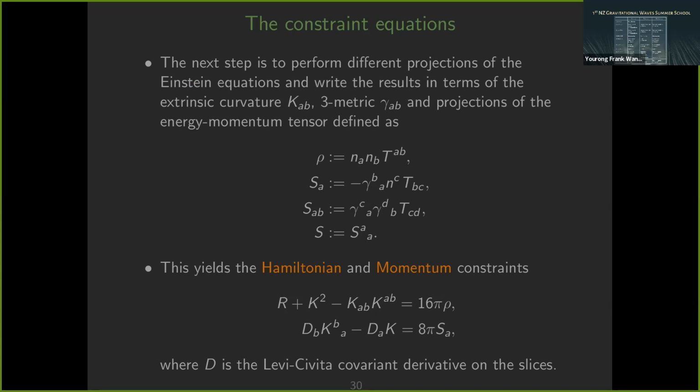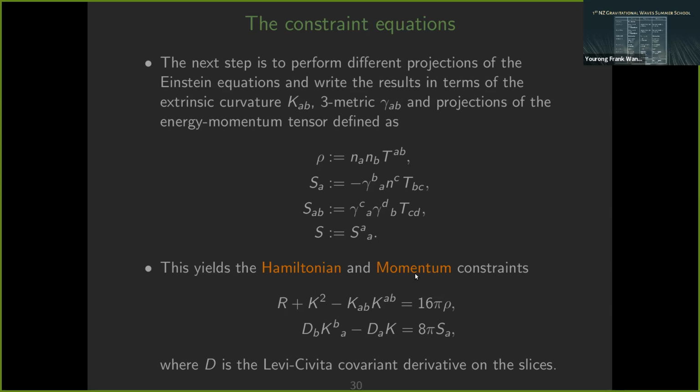So we want to take different projections of the Einstein equations to compute these evolution and constraint equations. The first one we do is projecting everything onto the spatial surface, which kills all of the derivatives away from the surface. That gives us our constraint equations.